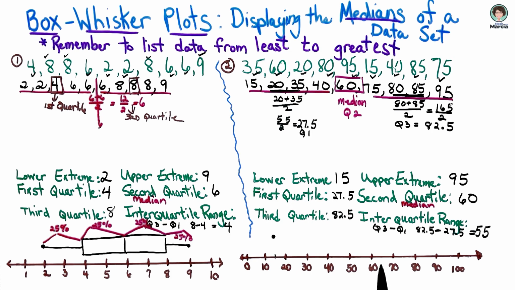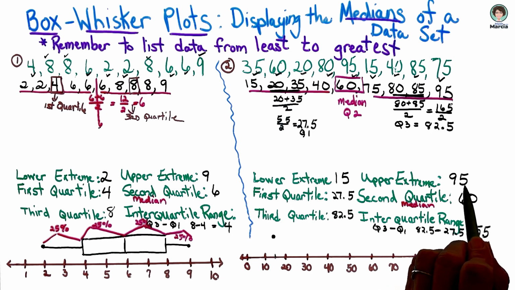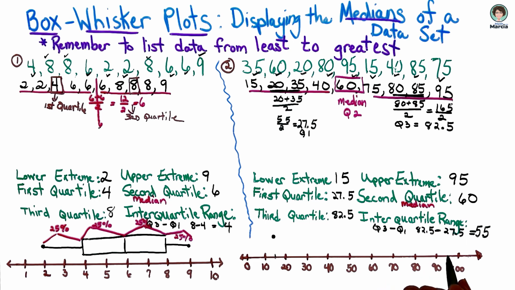For my upper extreme, again, it's a 95. So it would be kind of like right here. All right. For the first quartile, 27.5, I'm thinking it's like right here. So I'm just going to draw my line. And I am going to even label that 27.5.